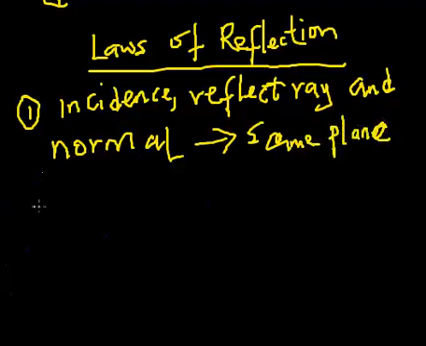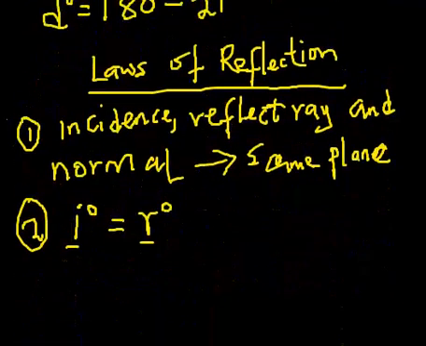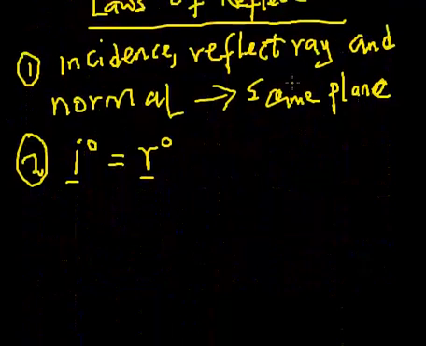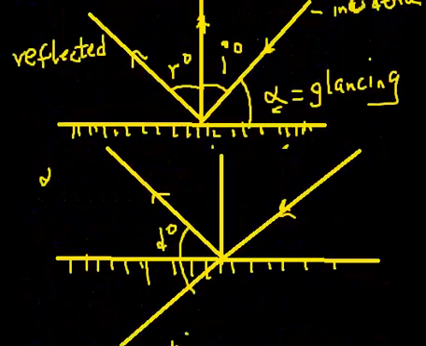Number two says that the angle of incidence is always equal to the angle of reflection. So please take note. Those are the two laws of reflection. The angle of incidence is equal to angle of reflection. The incident ray, reflected ray, and the normal all lie in the same plane. So make the notes well, write it yourself.